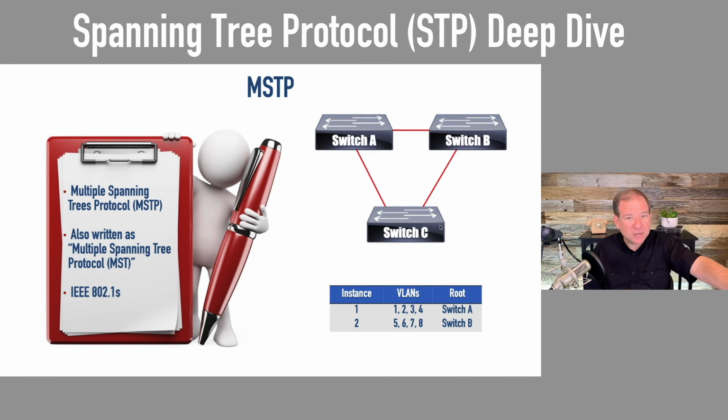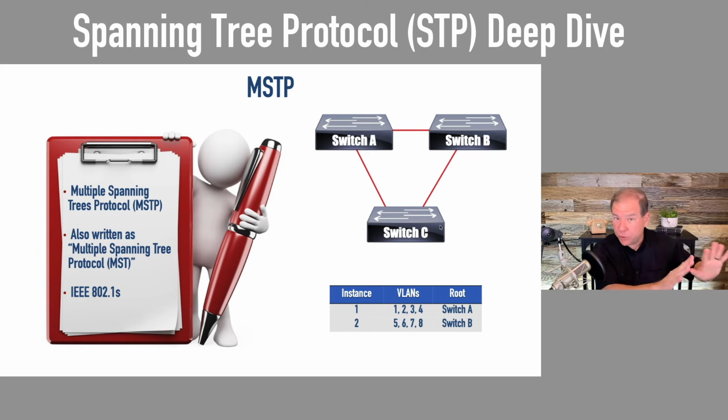I've changed my tune a little bit just because, well, one reason is switch processing power has got orders of magnitude more than it used to be. Today, on modern Cisco switches, I'm not concerned about running hundreds of instances of spanning tree protocol. I think that would be just fine. I would rather overcome the delay in convergence as opposed to reduce the number of instances.